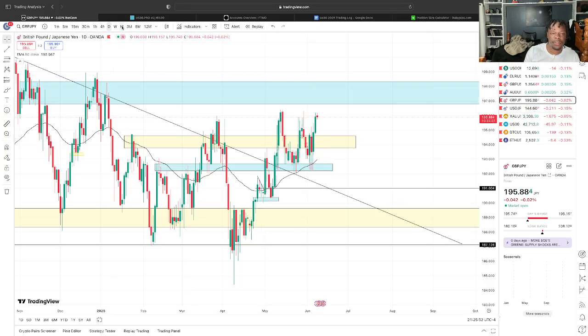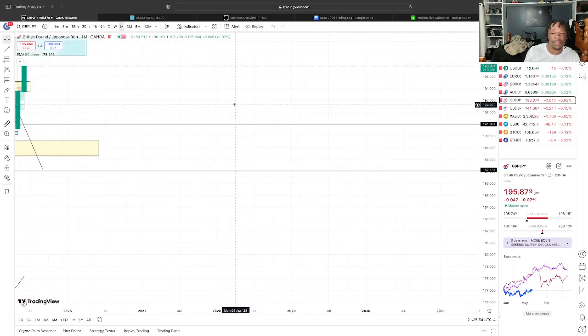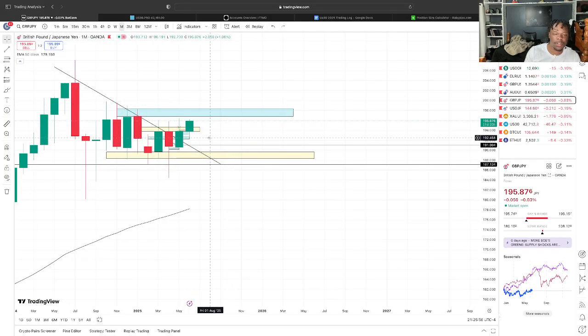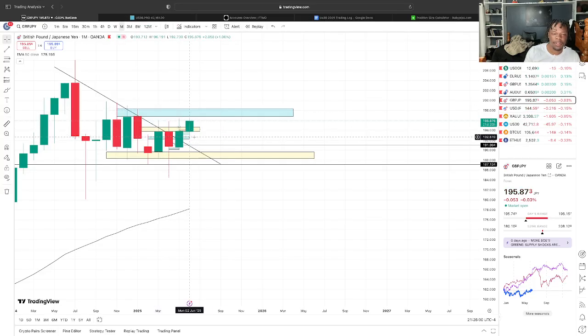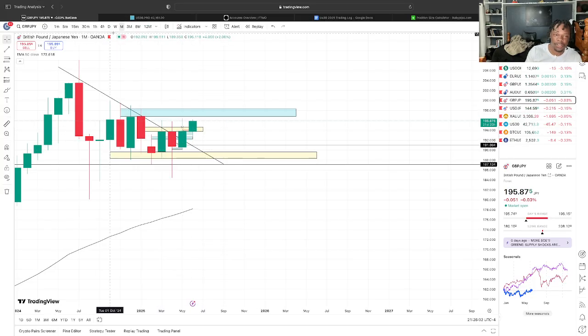So if you go on to GJ, as you can see, price action has created a bullish candle with a large lower wick, following the last month's bullish candle with a large upper wick.